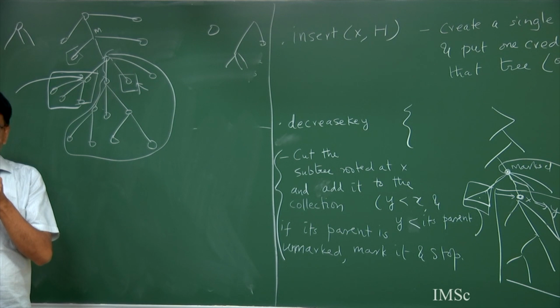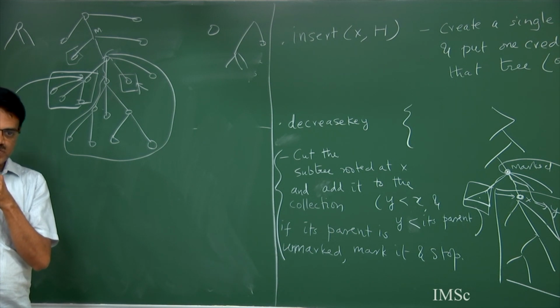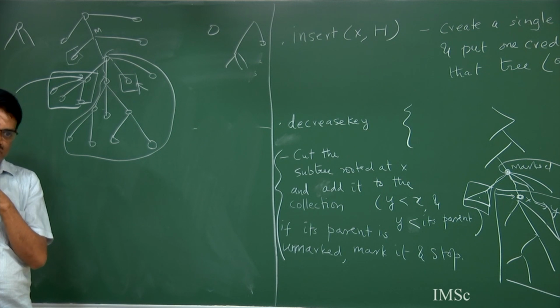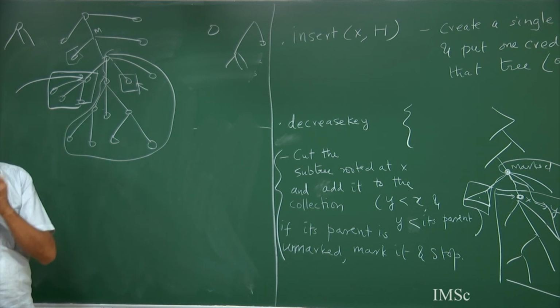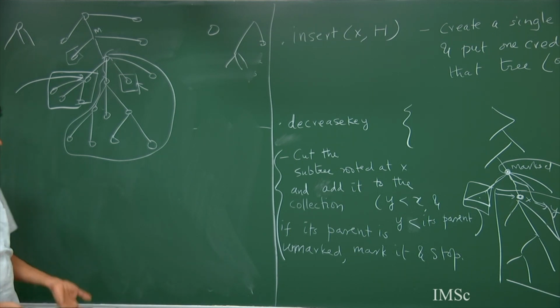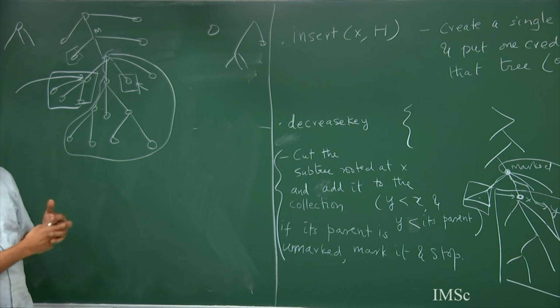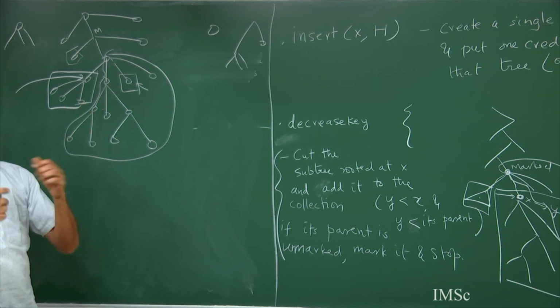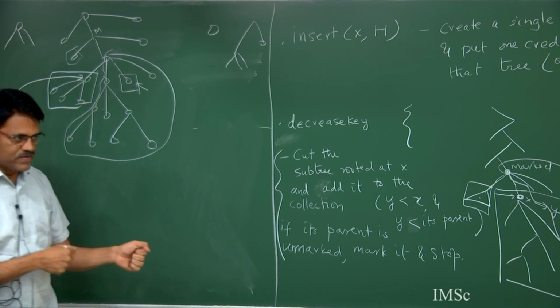Because its parent has already lost a child, and so on. So maybe you can distribute this expensive cost to the one who actually got deleted earlier. There is a way to distribute, because this cascading cut won't happen otherwise. Initially it doesn't happen because nobody has lost any child. Gradually it happens as and when children are lost.